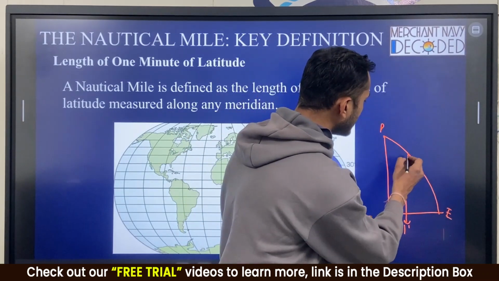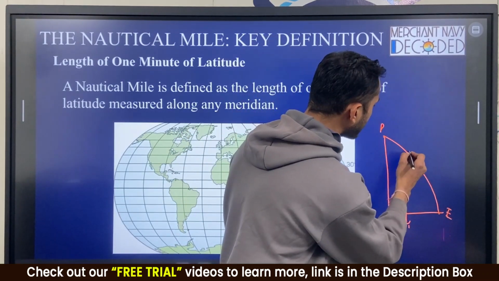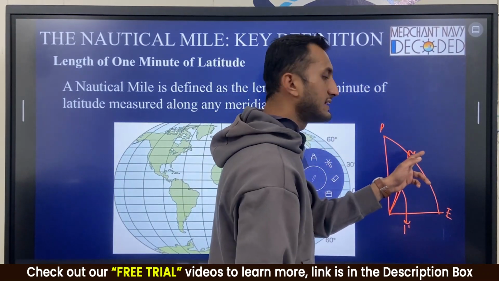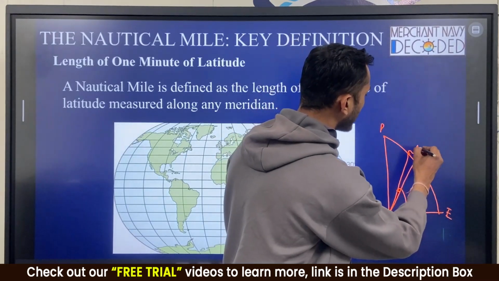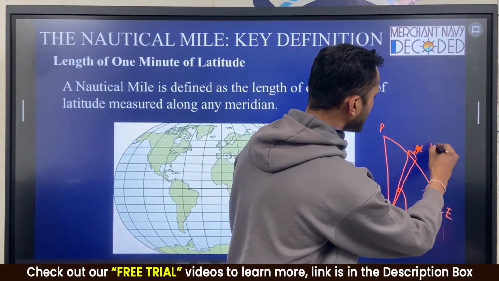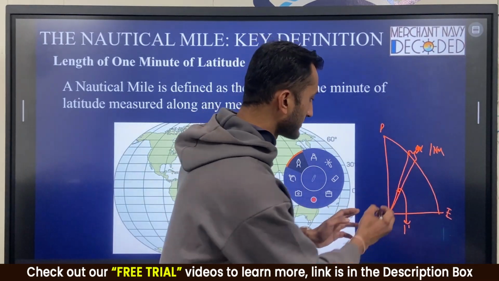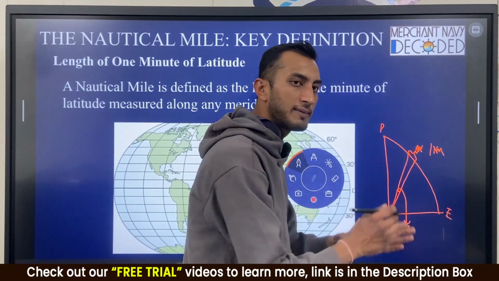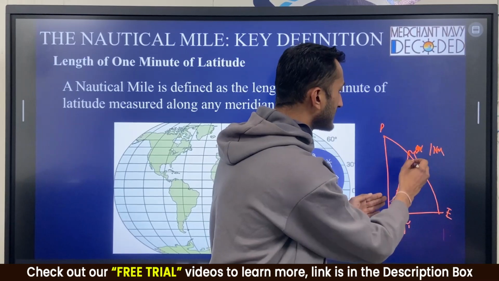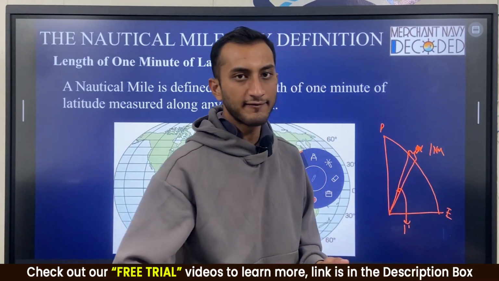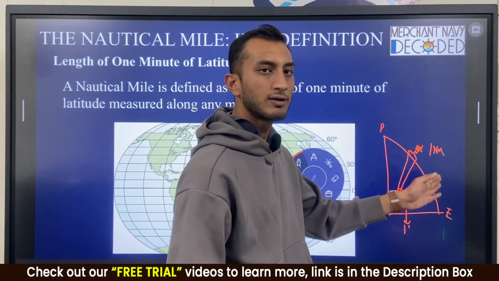So now with this angle, I measure these two distances. This becomes 1 nautical mile. The angle at the center between these two lines is 1 minute. Now I measured this, it came out to 1 minute, so I gave the value of this as 1 nautical mile.